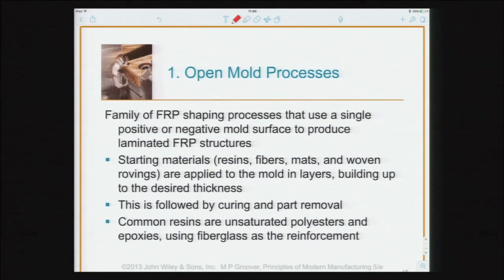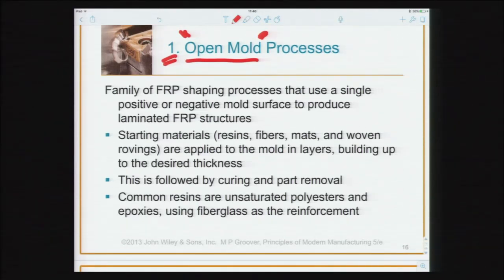The first process is open mold processes. I believe you can tell the meaning of open mold, in Thai แม่พิมพ์เปิด. Okay. Open mold processes are a family of FRP shaping processes that use a single positive or negative mold surface to produce laminated FRP structures.